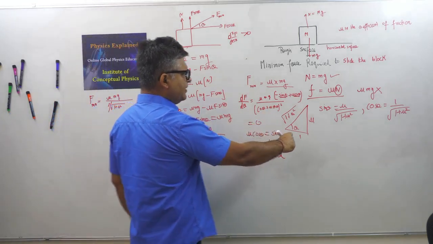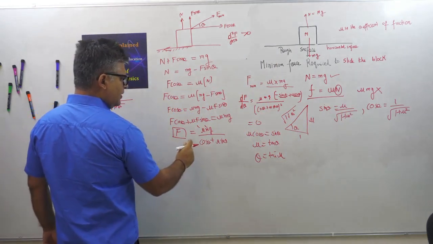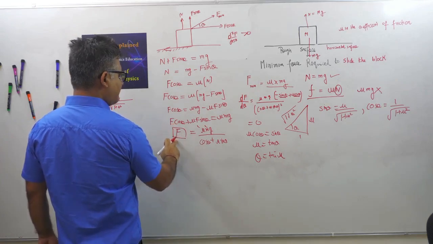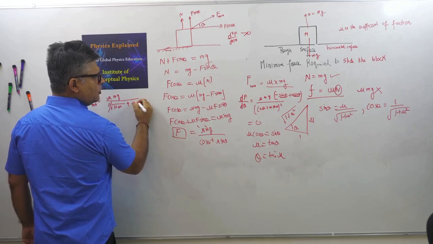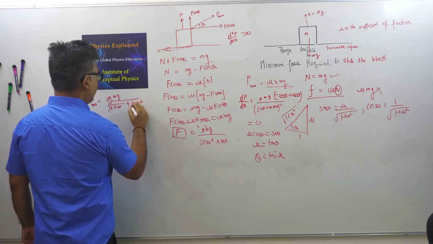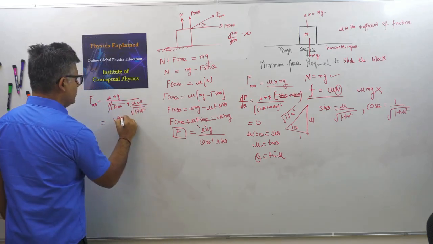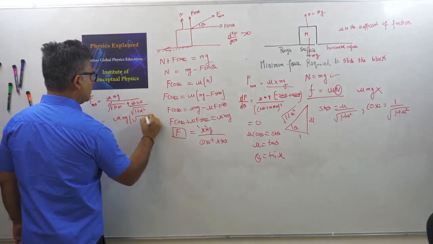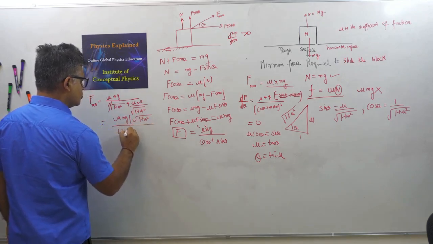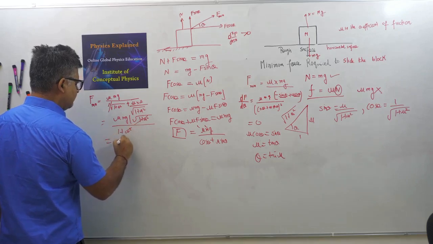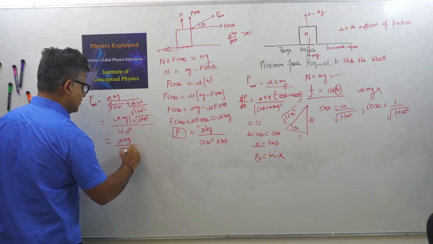My sine theta will be equal to mu upon under root of 1 plus mu squared. So F is equal to cos theta plus mu multiplied by mu upon under root of 1 plus mu squared. So this becomes mu mg into under root of 1 plus mu squared divided by 1 plus mu squared. Cut it and you will get mu mg upon under root of 1 plus mu squared.